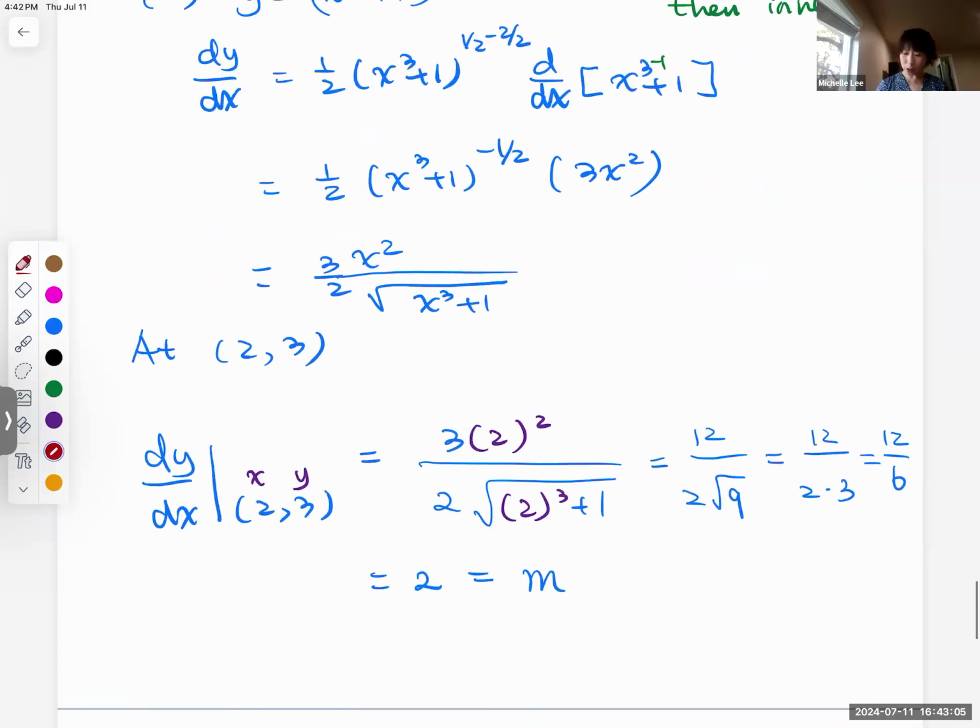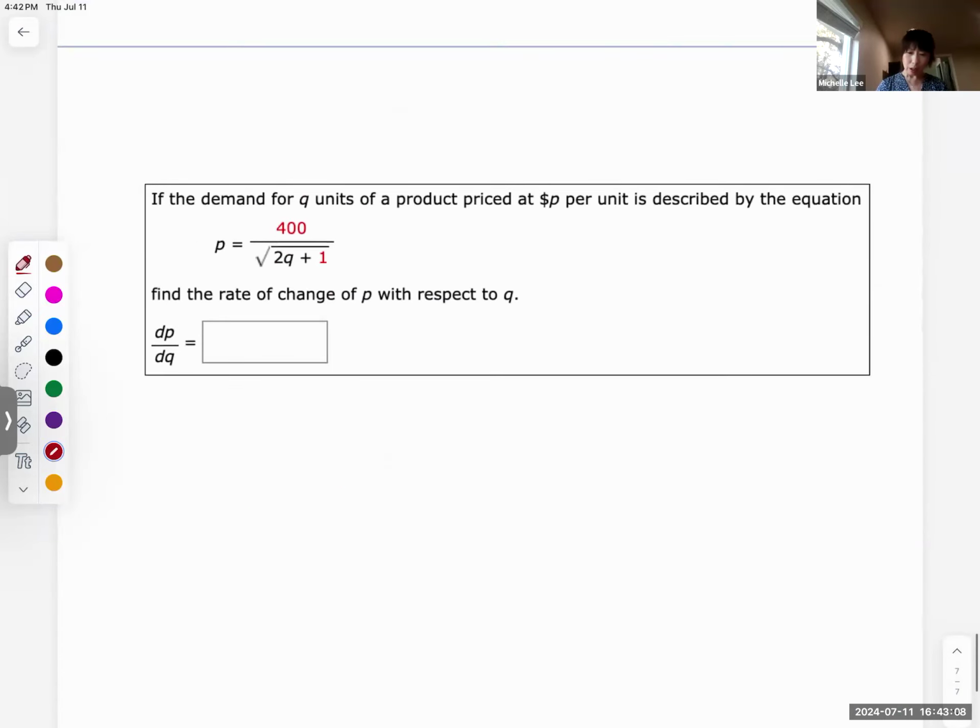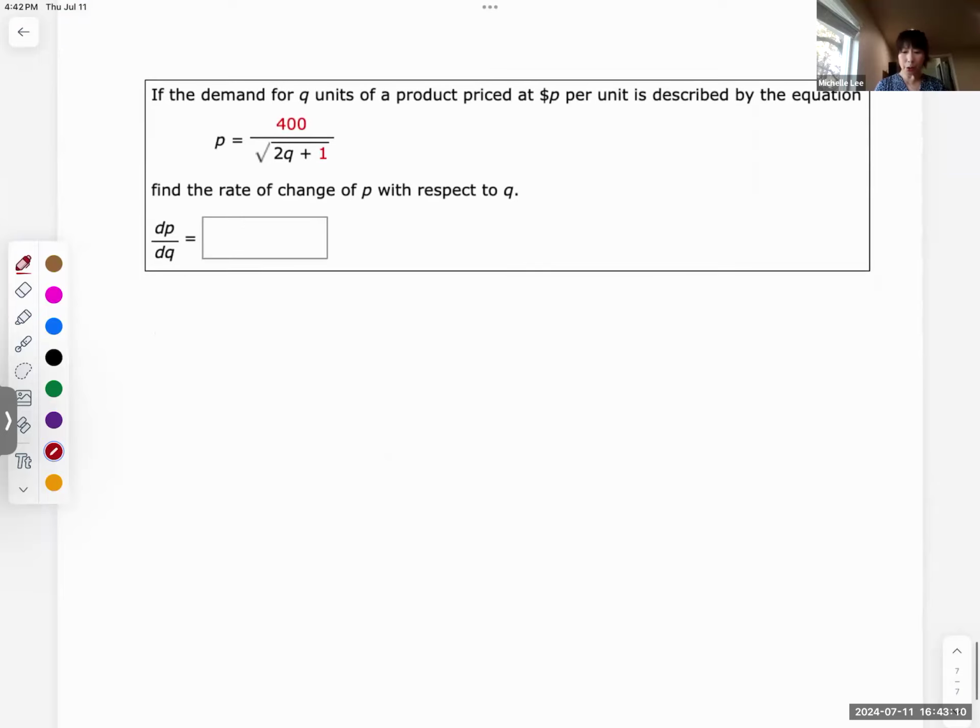All right. So last question. If the demand of Q units of a product, price in dollars per unit, is described by the equation right here, find the rate of change of P, right? So we know how to find the derivative. In order to do that, we must change it to a power, right? So 400 times 2q plus 1 to the negative 1/2 power.